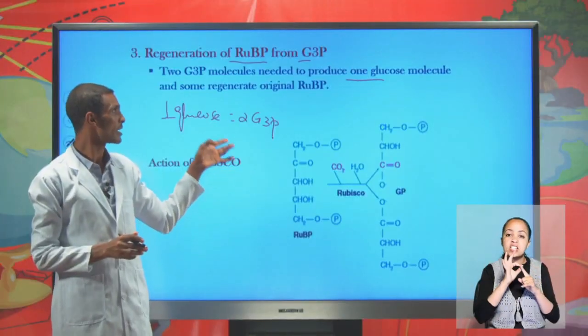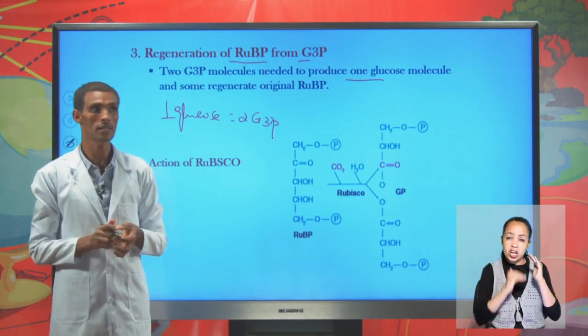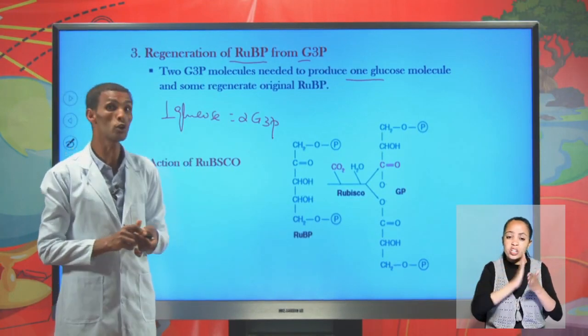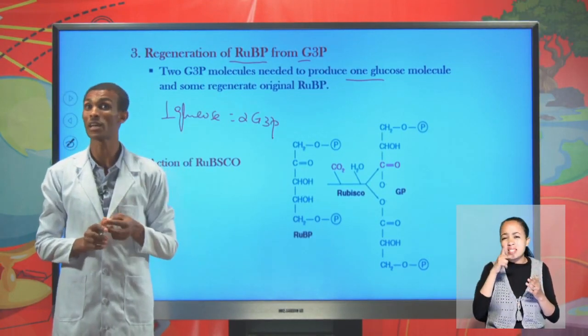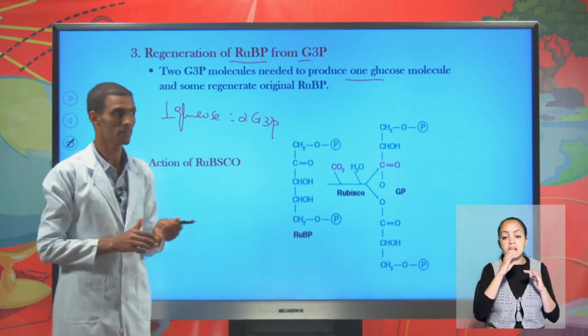Fixation of carbon dioxide, reduction of carbon dioxide, and regeneration of ribulose bisphosphate are the three main stages that take place in the Calvin cycle.